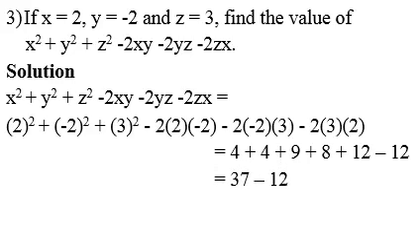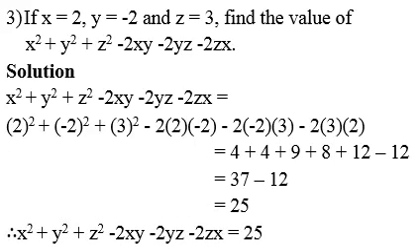But that 37 you subtract 12 by the rules of BODMAS. You start by adding, then subtracting. Now 37 take away 12, the answer is 25. So therefore x squared plus y squared plus z squared minus 2xy minus 2yz minus 2zx is equal to 25.